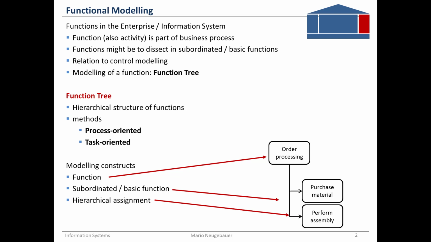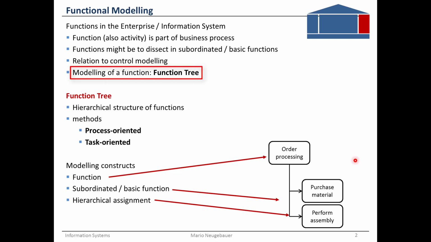So if you work task-oriented, you don't care about the overall process to produce a certain product. You rather take care about the functionality in a specialized department. And as you can see here, you have this possibility to describe it in a function tree.